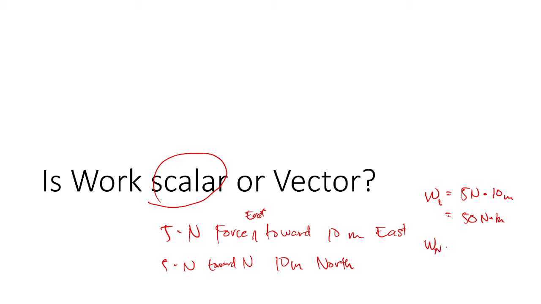How about the work towards north? Okay? So kung titingnan natin, ganun lang din. Magkakaroon tayo dyan ng 5 newtons, multiply lang din natin sa 10 meters. So we will have here 50 newton meters. As you can see here, both of those directions na parehas yung direction nung ating straight line displacement and yung ating direction ng force, naging parehas lang din sila na 50 newton meters.